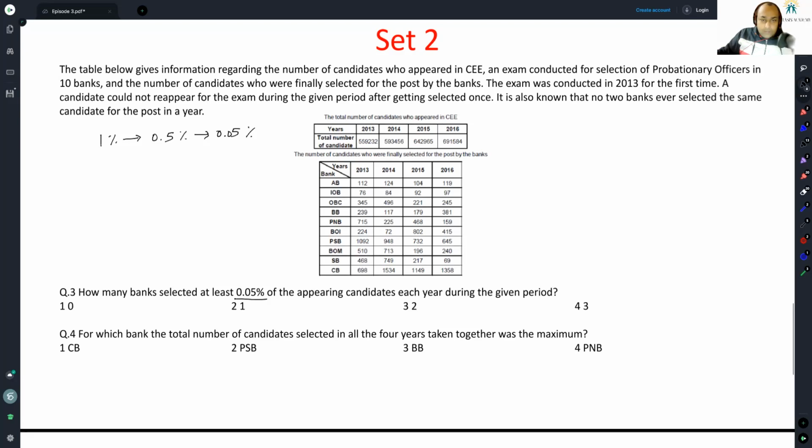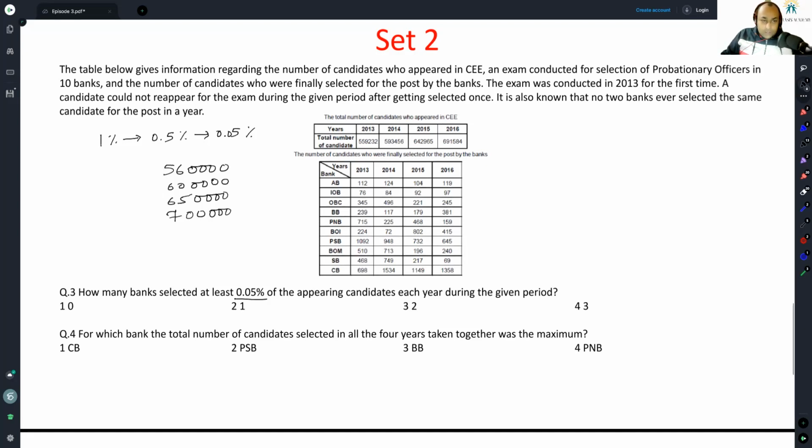Going to 1% is simple. The numbers I see here are 5,60,000 for the first year, 6 lakhs for the next year, 6,50,000 for the next year, and 7 lakh for the next year. These are the total numbers that I'm operating with.